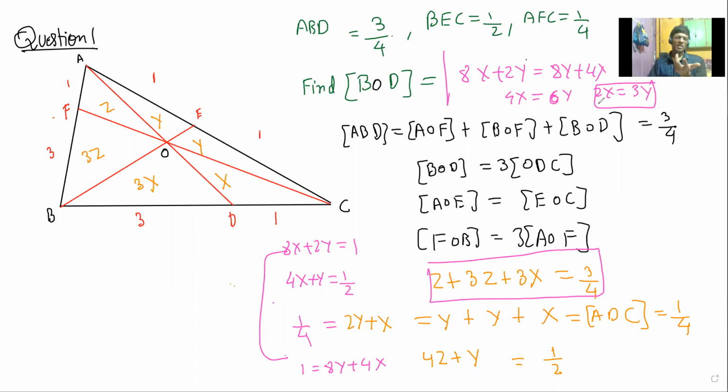So 4x. There are so many ways to do this. This 4x becomes 6y, right? Okay, so 6y plus y. So 4x is equal to 6y, and 6y plus y is half.